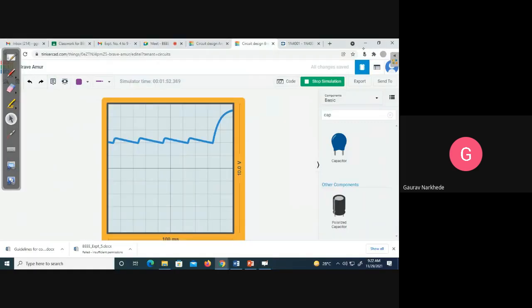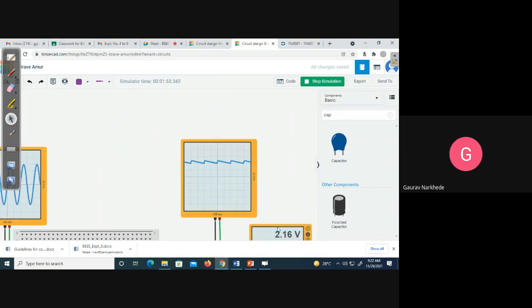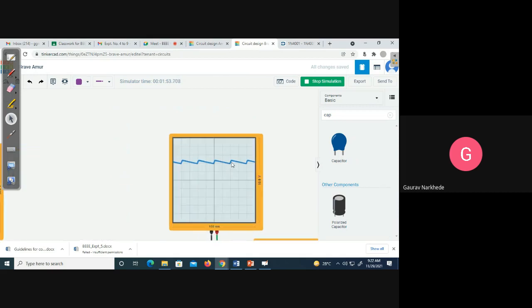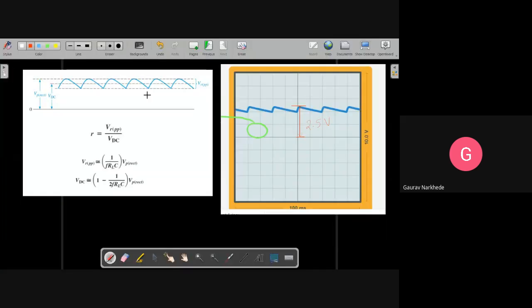Whatever reading you are getting through the multimeter, how much is that? 2.4 volts. Okay, so that is the average value, right? We are taking the peak value. Okay, 2.5 volts. Now can you calculate this VRPP?